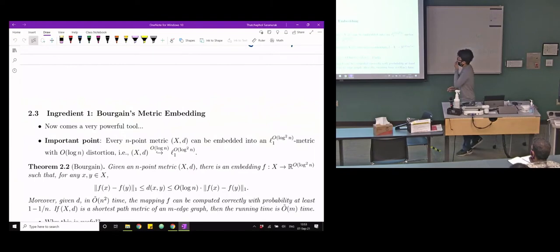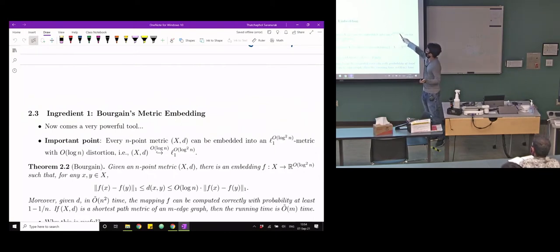I was saying that L1 is friendly, it's good, it's very nice. But it turns out that if you're given any metric, it can be a metric defined from a graph, anything at all, you can embed any metric into L1, which is friendly and nice.